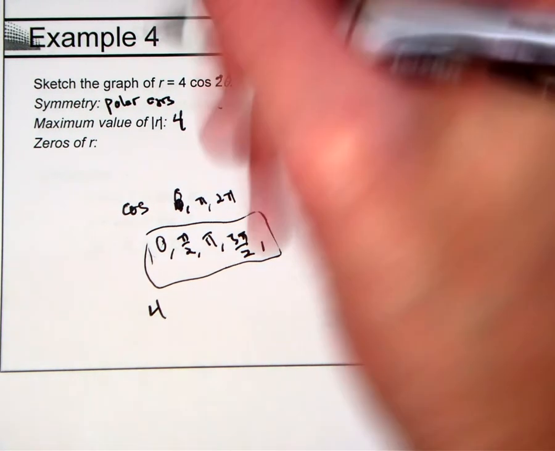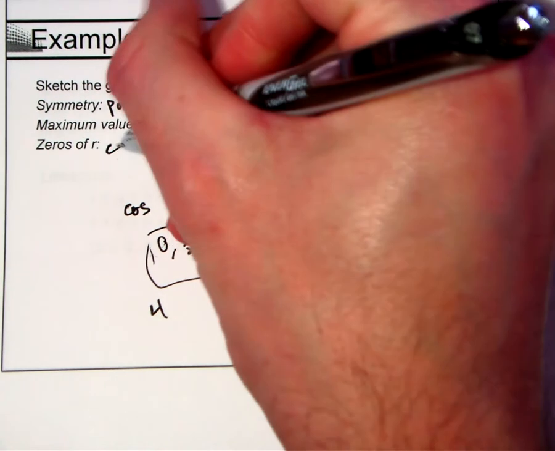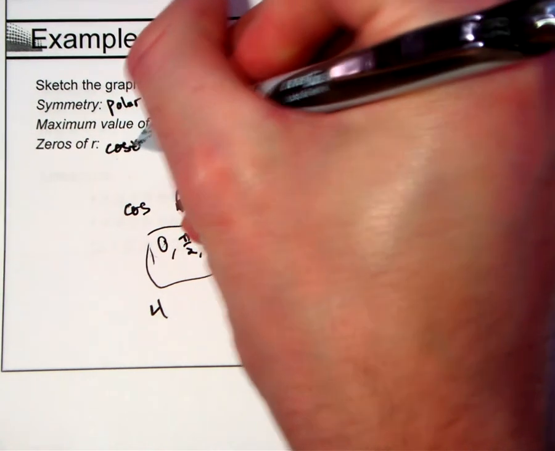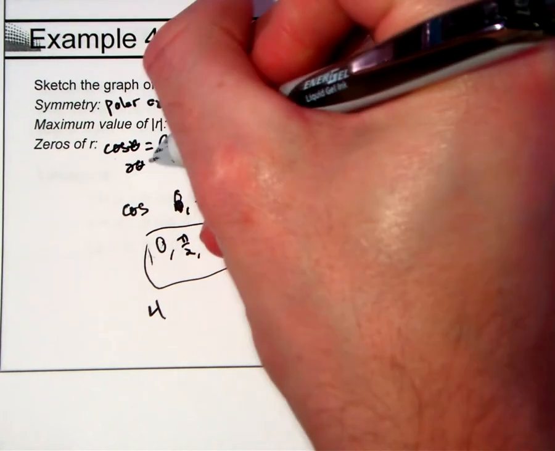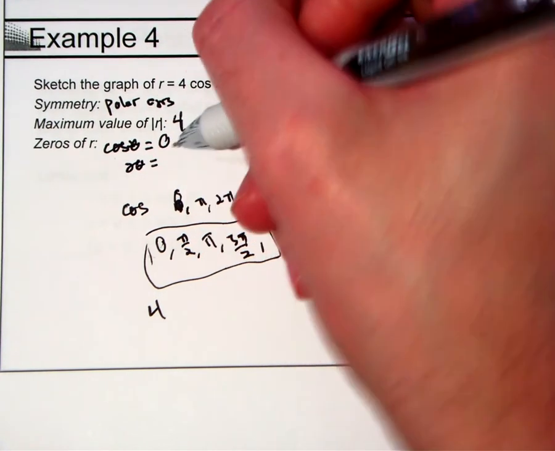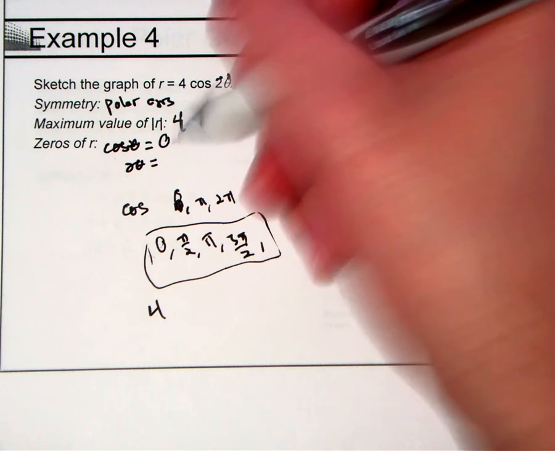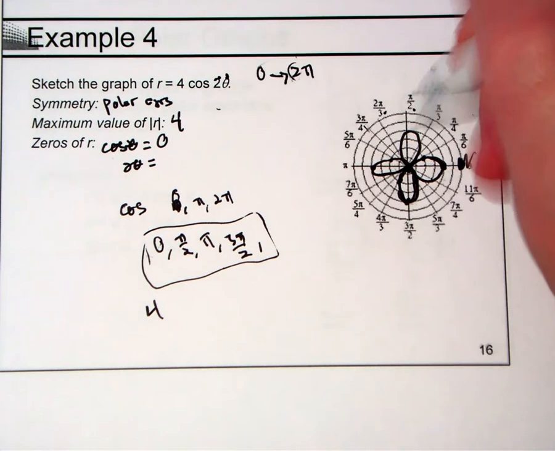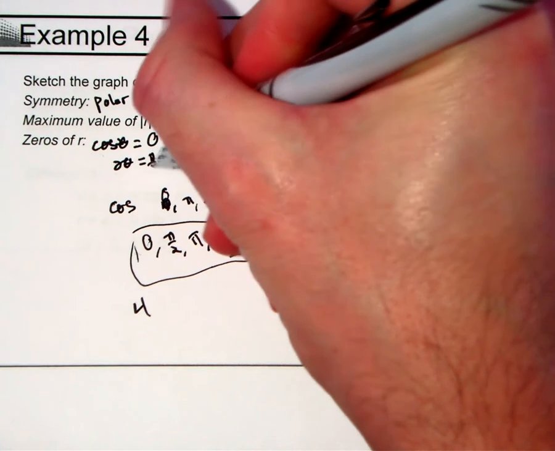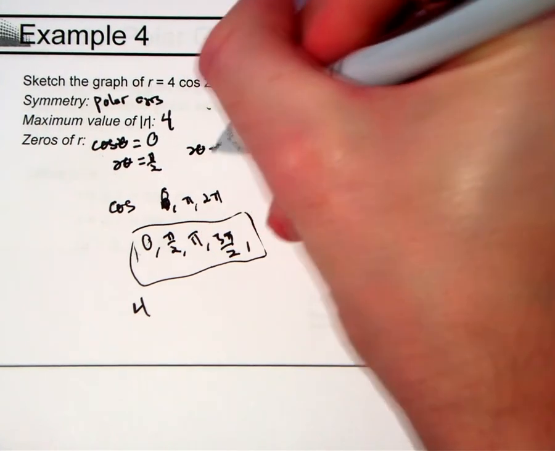Okay, our zeros would have happened everywhere that cosine of 2 theta equaled 0. So wherever 2 theta is, what's going to make cosine equal 0? Well, if the angle was pi over 2, that would have been 0.